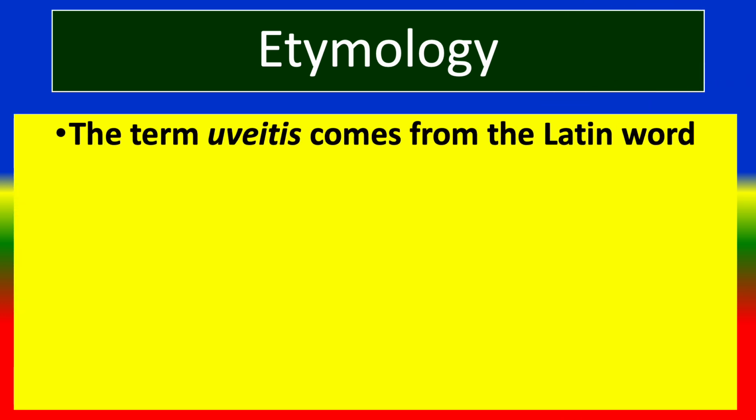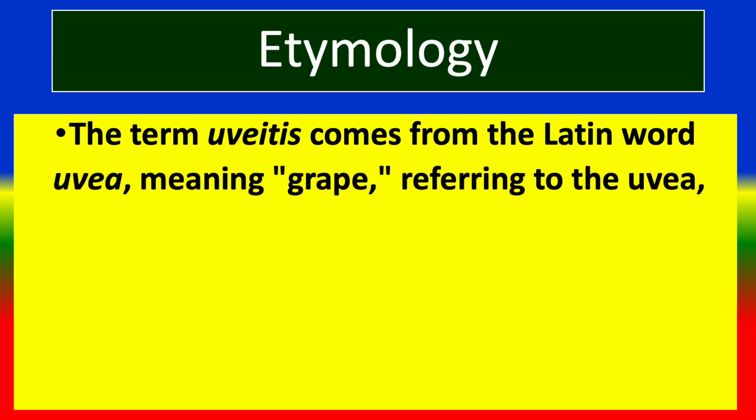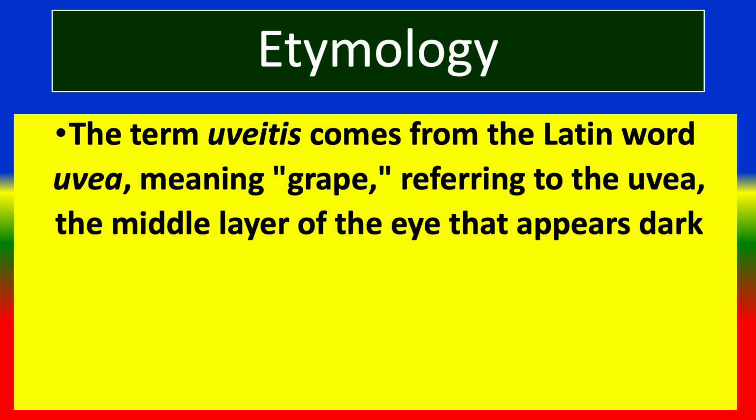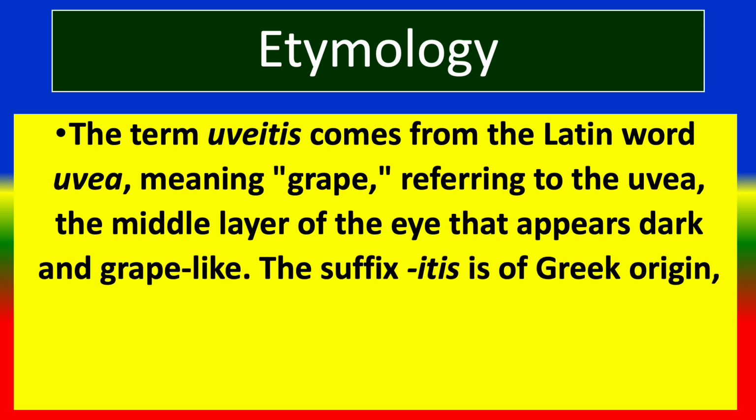Etymology: the term uveitis comes from the Latin word uva, meaning grape, referring to the uvea, the middle layer of the eye that appears dark and grape-like.